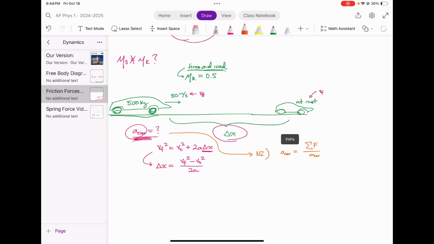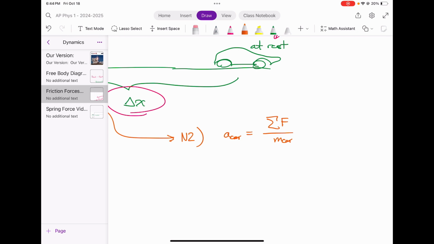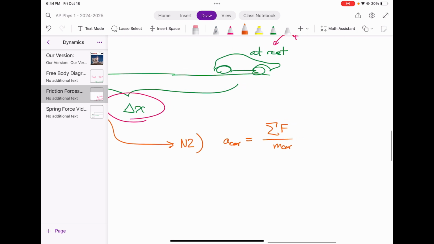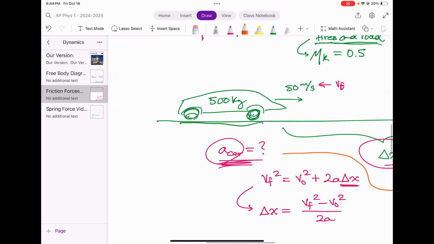There we go. And we're concerned with the forces in the x direction, right? There is no acceleration in the y direction. So the only force acting on this car is the force of friction, right? We slammed on the brakes, and there's just kinetic friction, right, going to the left.